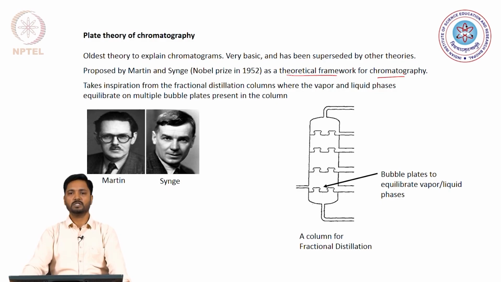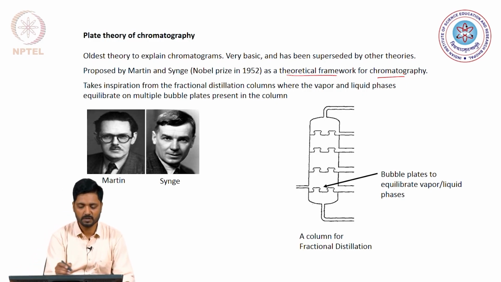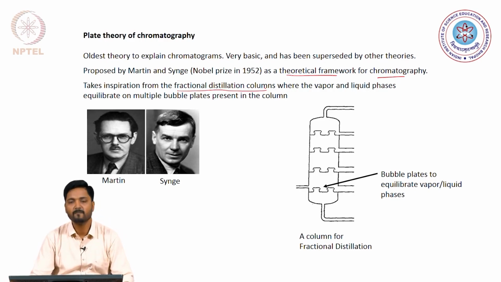Now, this theory got significant inspiration from the fractional distillation columns that were prevalent at that time. And fractional distillation columns, if you might be aware, are used in separating the petroleum fractions.